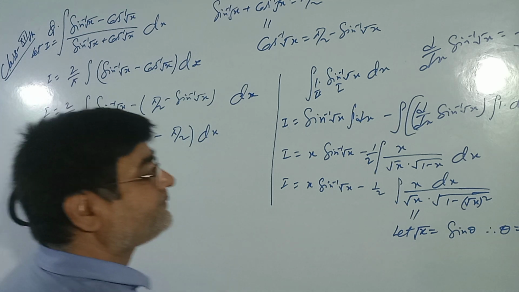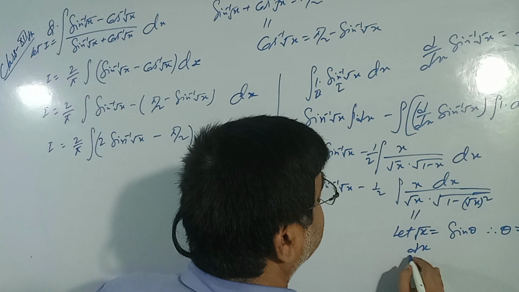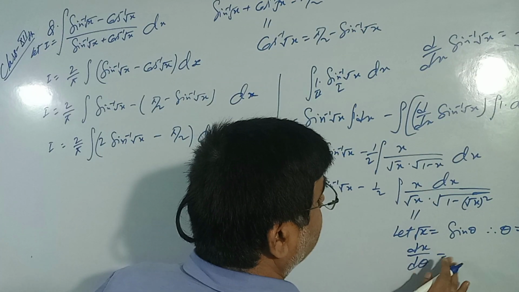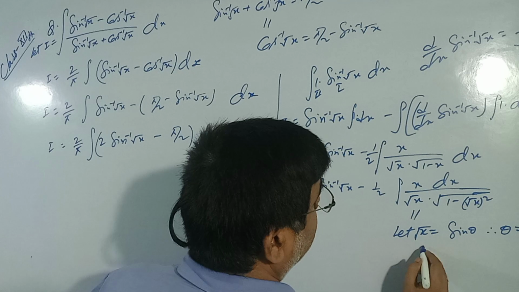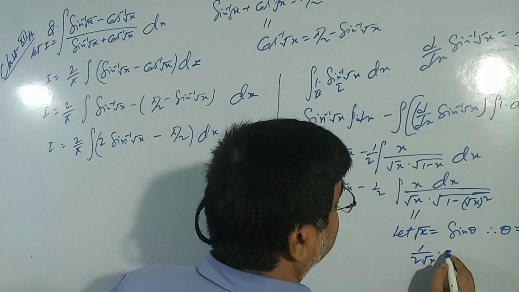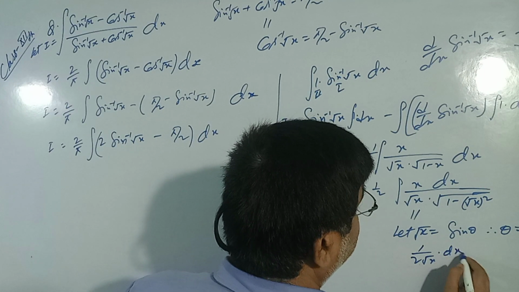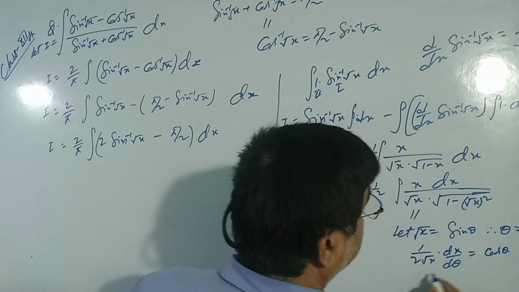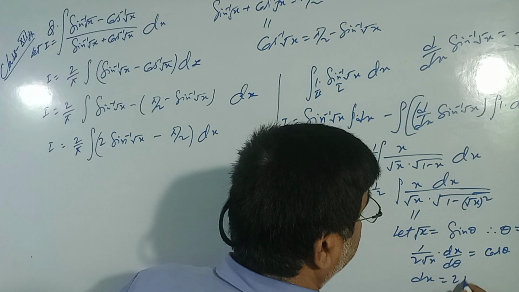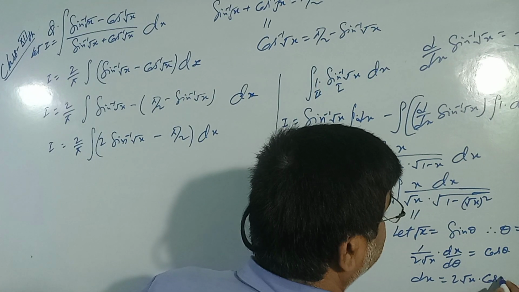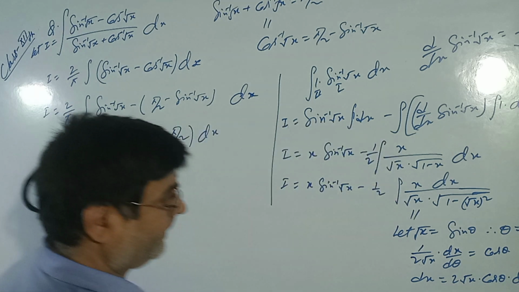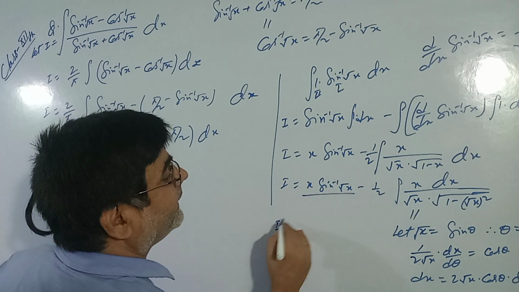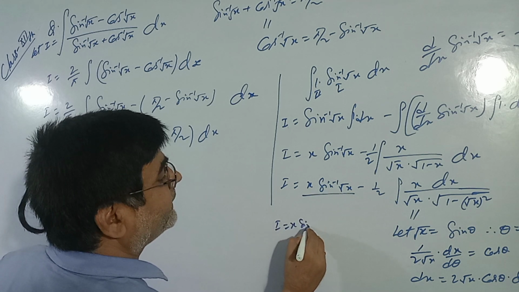And dx by d theta, what will it be here? The derivative of sin theta is cos theta, so dx equals 2 root x cos theta d theta.